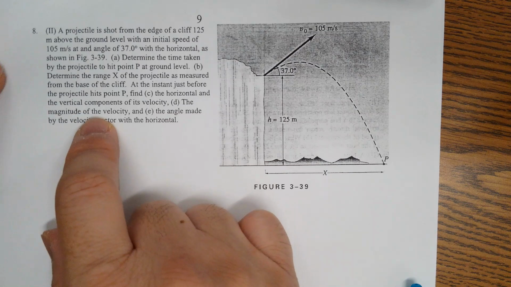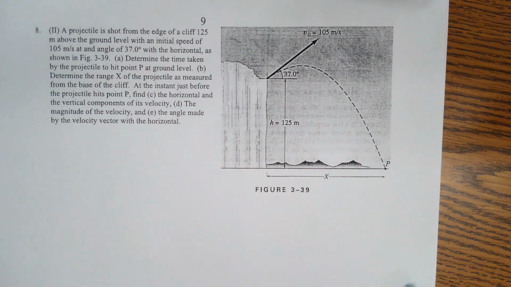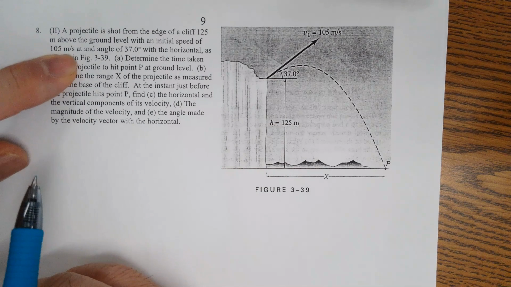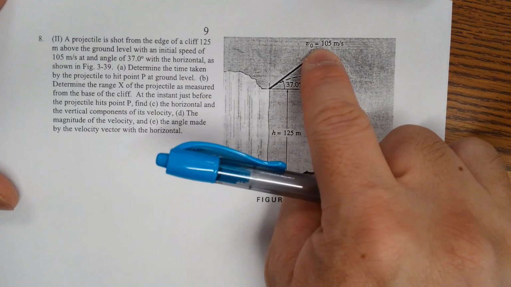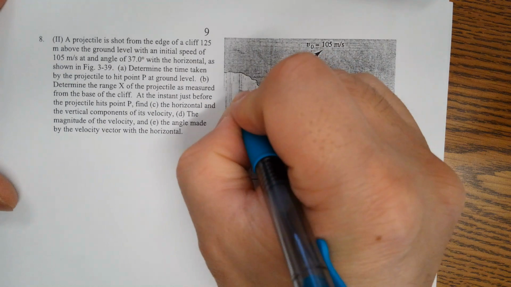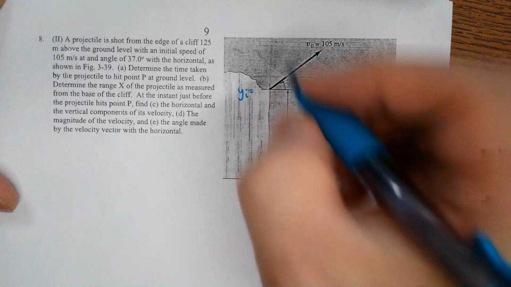A projectile is fired from the edge of a cliff 125 meters above the ground level with the initial speed of 105 meters per second. So we know my V naught is 105. My Y initial happens to be 125 meters.